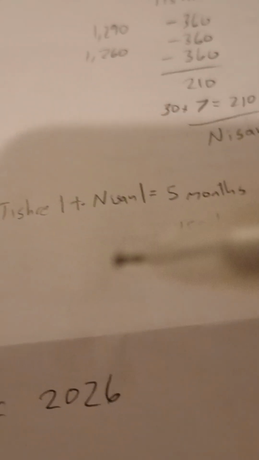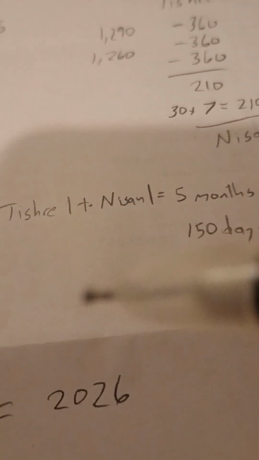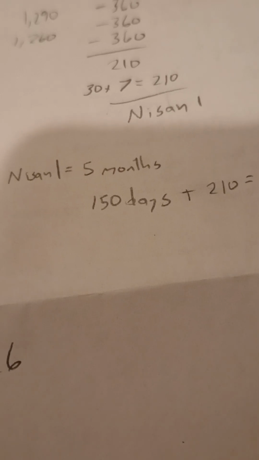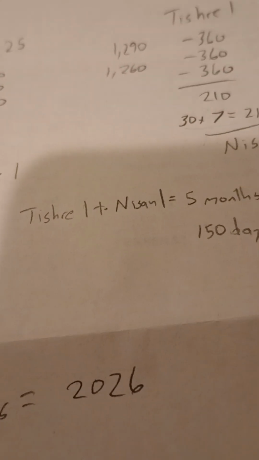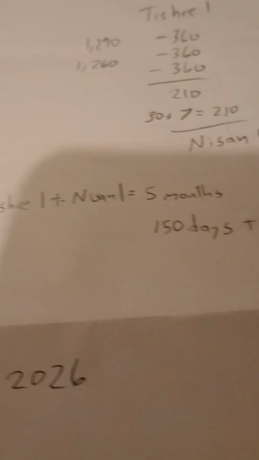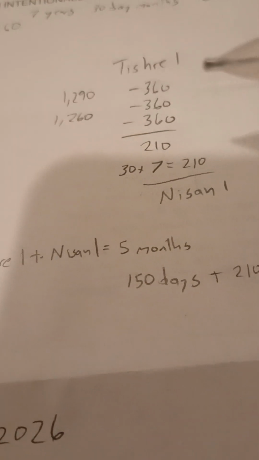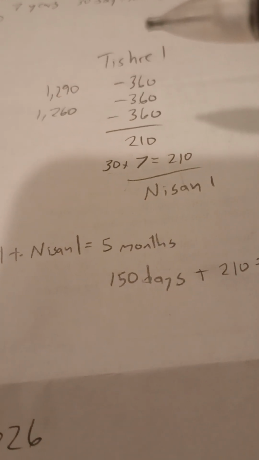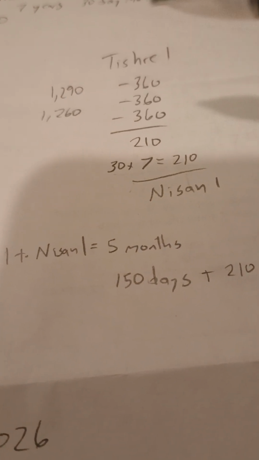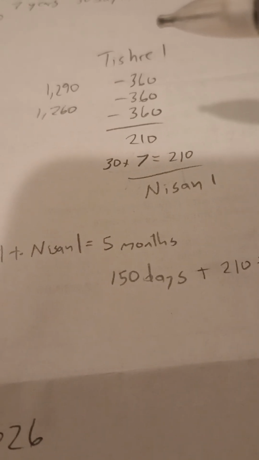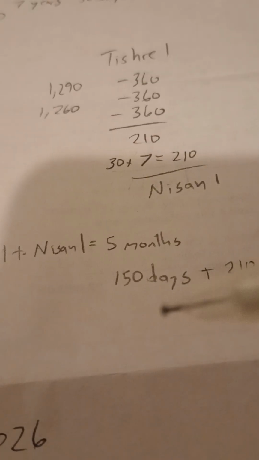Well, from Nisan 1 to Tishri 1, no, hold on. Actually it would be from the end of Tishri. From that 1,290 from the end of Tishri, that would leave you 5 months.